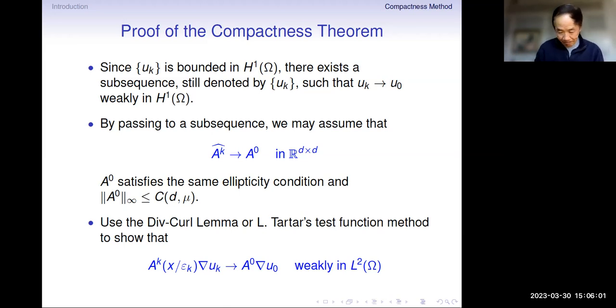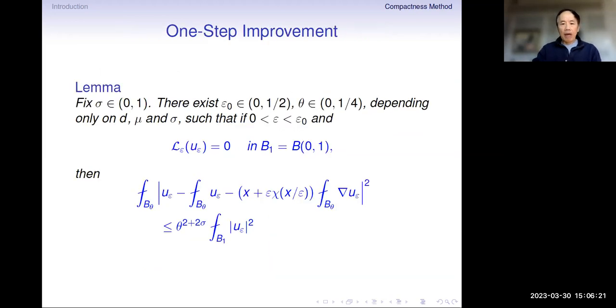This takes advantage of the periodic structure, because it's periodic, and there you have some correctors which can be used. All right, so now let's show how we carry out this compactness argument using this compactness theorem.